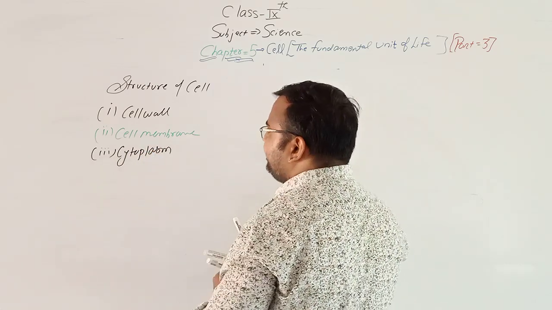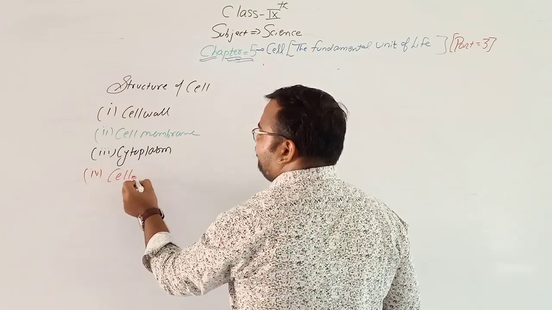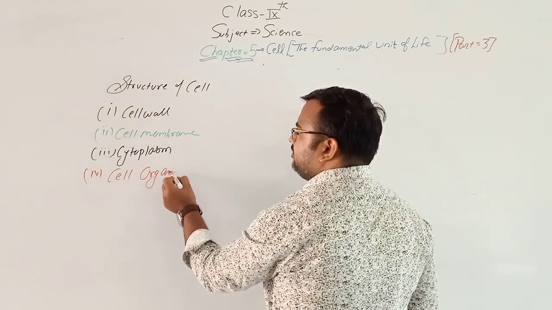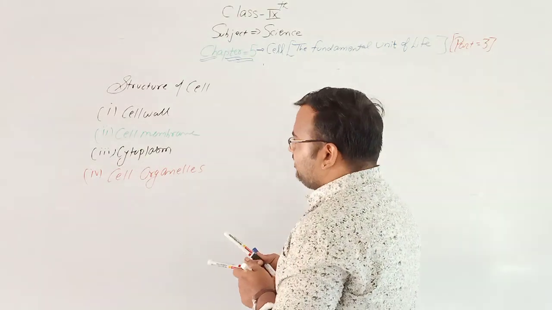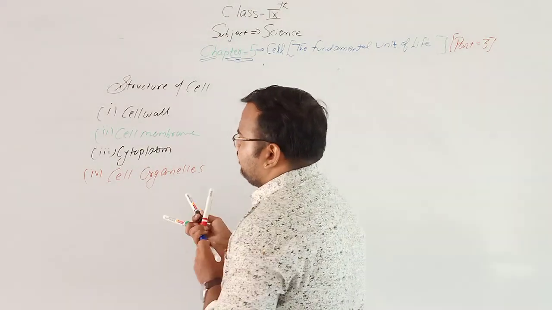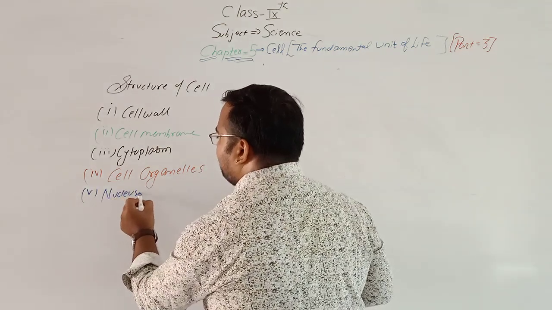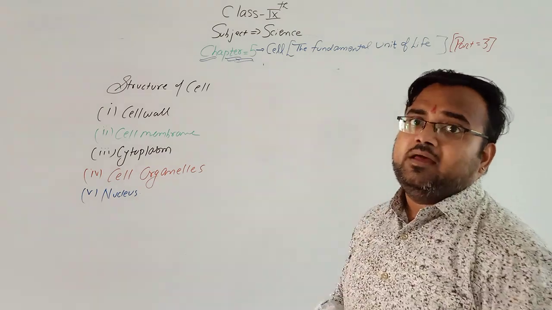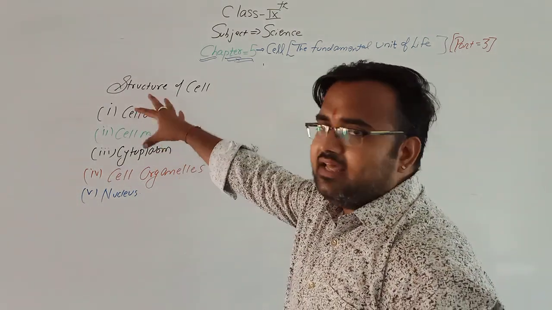Fourth is cell organelles. And the fifth and last is nucleus. Okay, now see, there are 5 structures of a cell. These are the 5 basic structures that should be there in a cell.